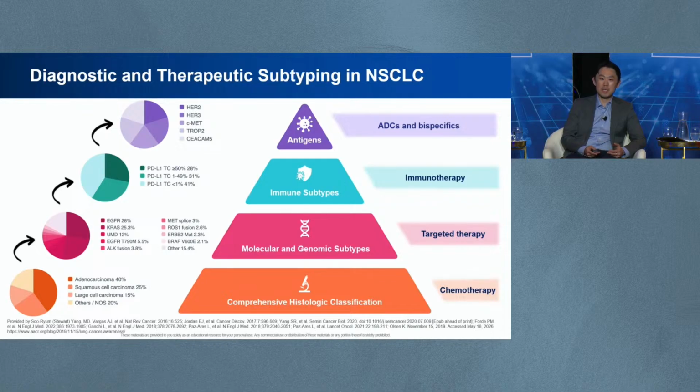And so as you can see here, non-small cell lung cancer is not just one diagnosis. It really spans multiple subtypes and requires a personalized approach. And each of these additional layers of information brings additional diagnostic insights, new biomarkers, and hopefully opens up avenues for different types of treatment.